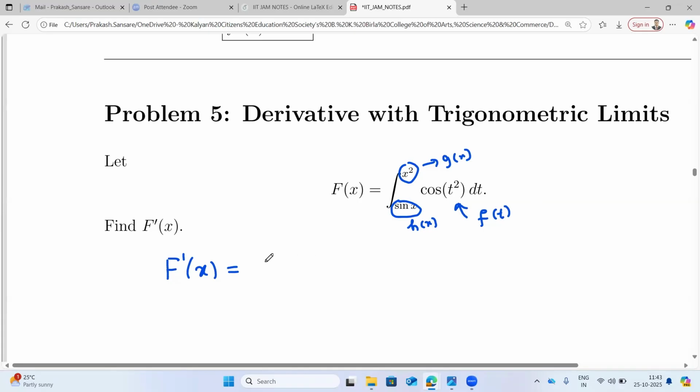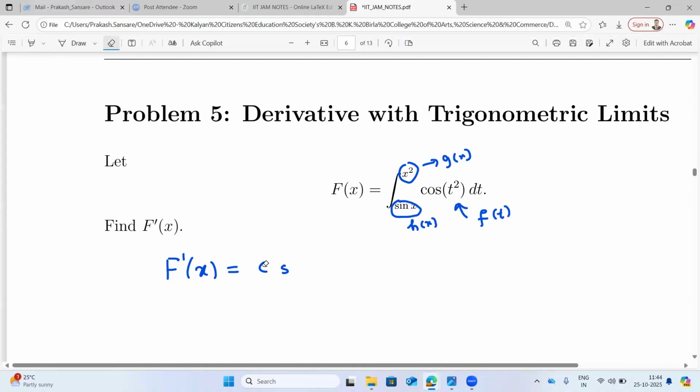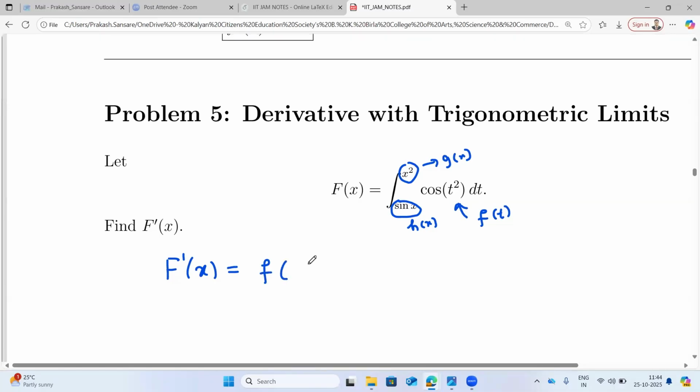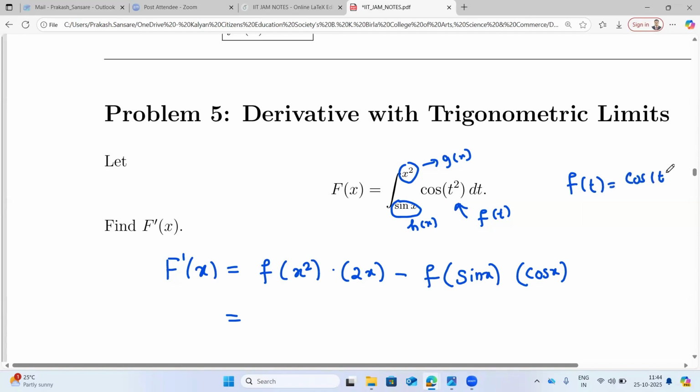So I'll use this similarly. This is f evaluated at gx. gx is x square, into the derivative of x square, that is 2x, minus f evaluated at hx. hx is sin x, into the derivative of sin x, which is cos x. And now what is f at x square? My f of t is basically cos of t square.